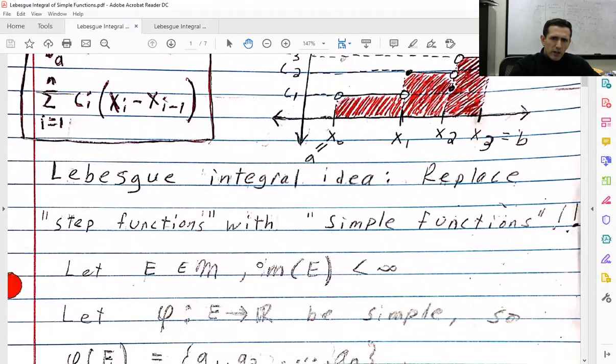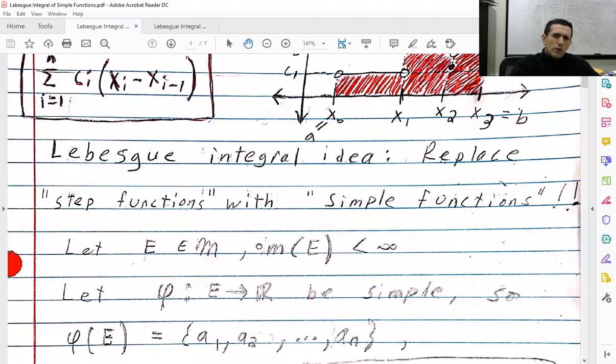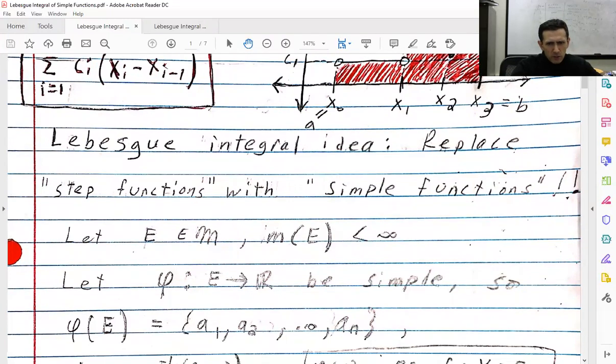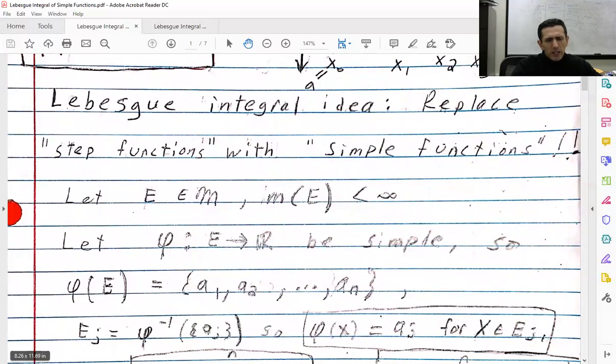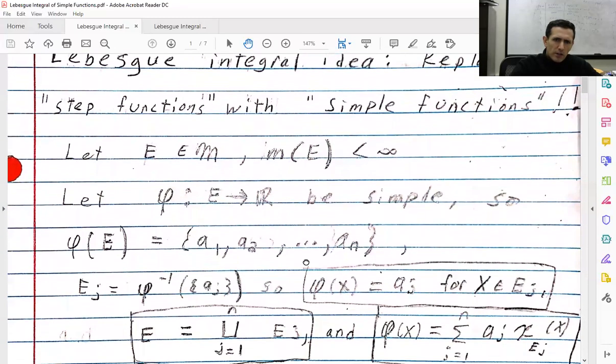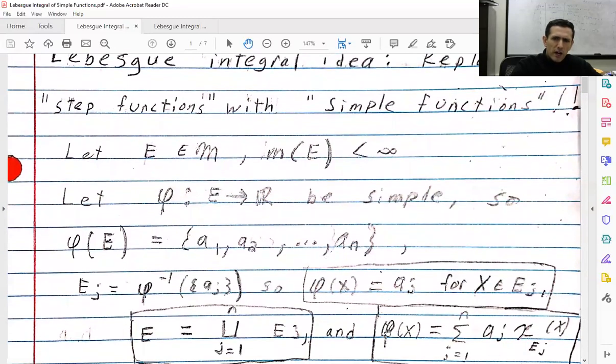We define the Lebesgue integral for a simple function, rather. So if we have a simple function, it is measurable and it takes on finitely many values. If these are the distinct values, and if EJ is the inverse image of the singleton AJ, then we can write phi as the canonical decomposition.